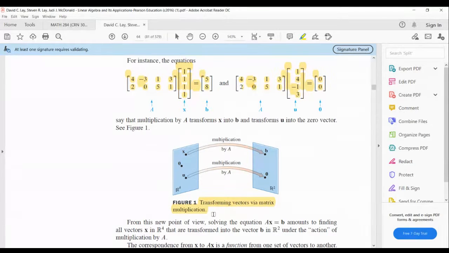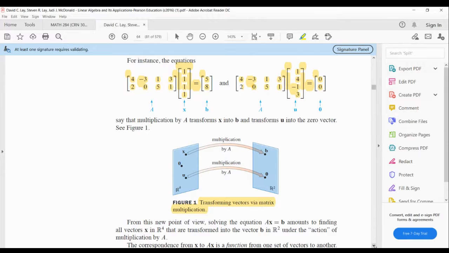You're used to mapping numbers to numbers, but with linear algebra, if your transformation is A times x, the function is defined by the matrix A times a vector x, you can map vectors in one space to vectors in a different space. Like you see right here, x and u live in R4, and you're mapping them into vectors that live in R2.